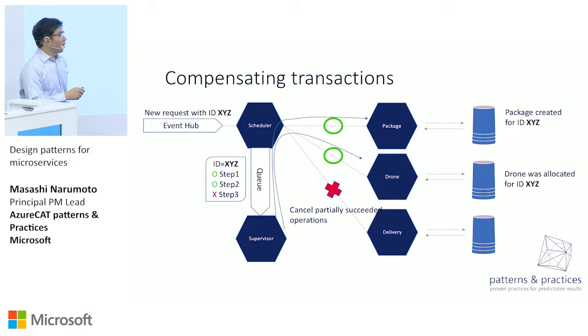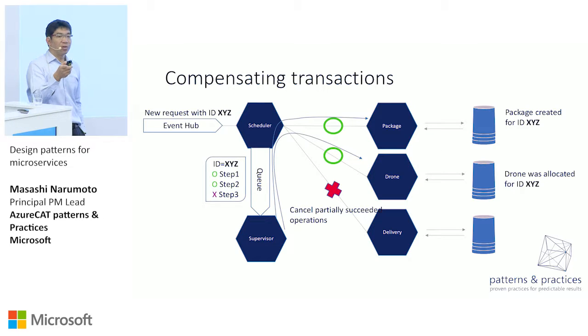But manual intervention is required for a poison message, meaning if this request causes too many failures, if all retries fail and the cancel request fails, then something must be wrong with that message.